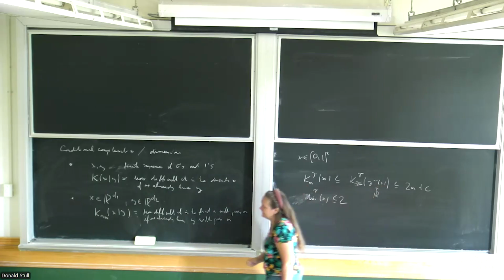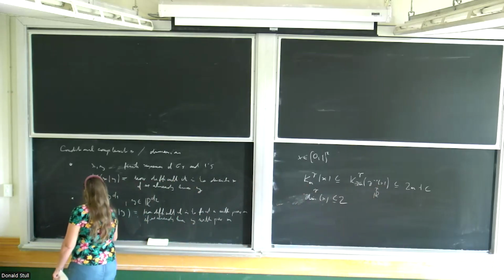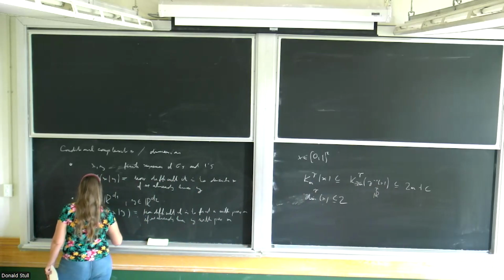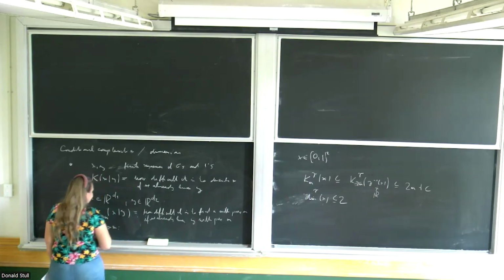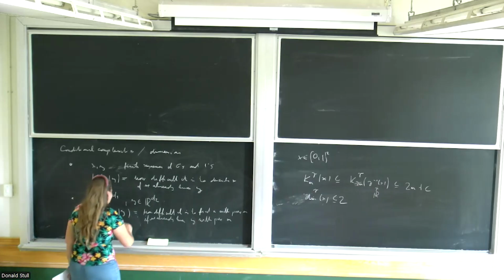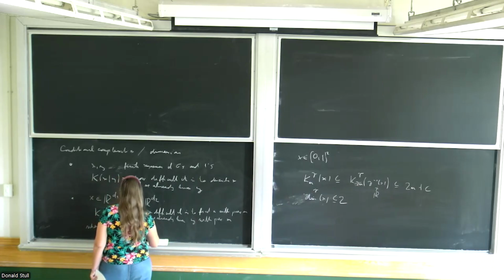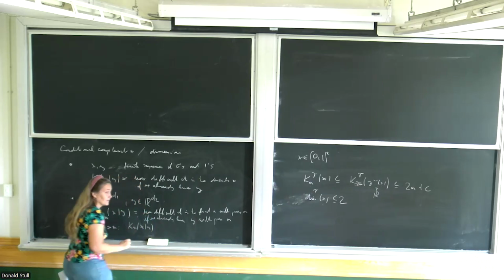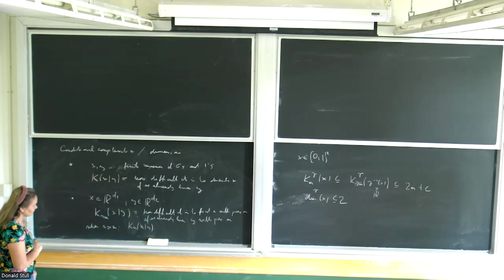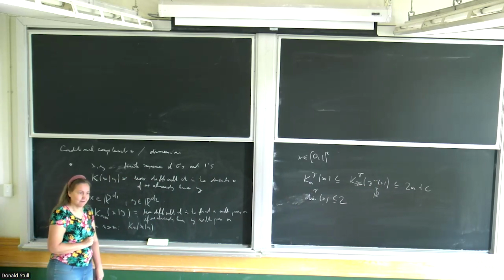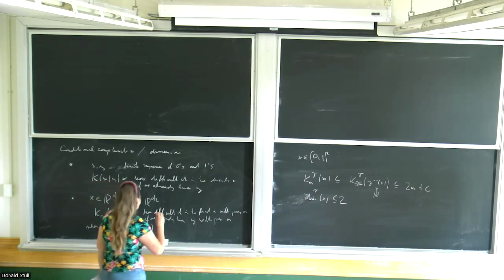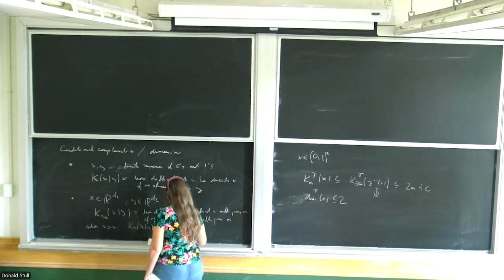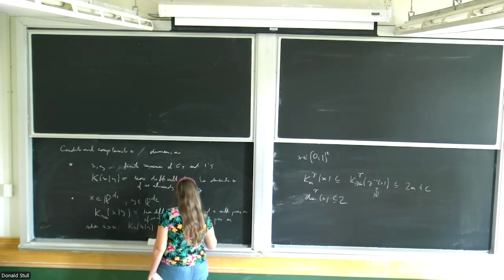And in the special case when n equals m, we just put one index, K_n(x | y). And then you can speak about not only conditional complexities, but also about conditional dimension. So the dimension of x given y is what you expect.